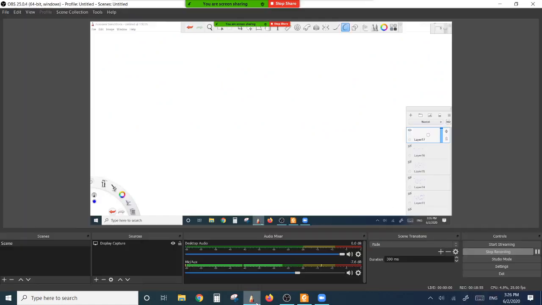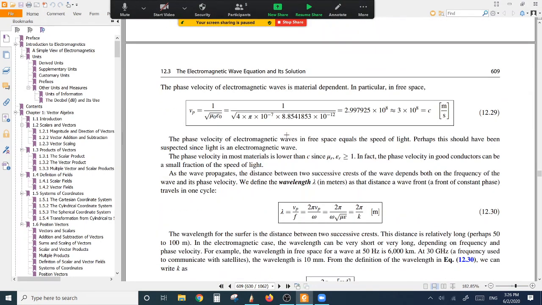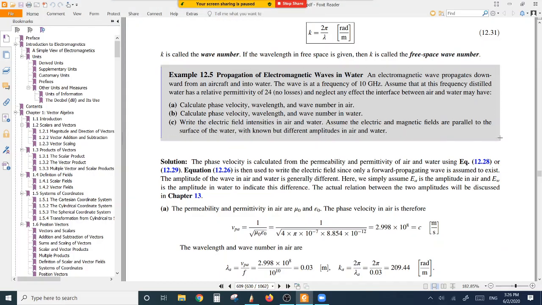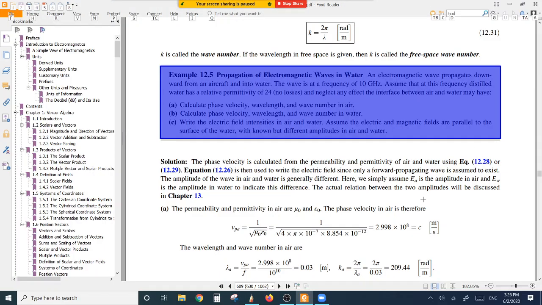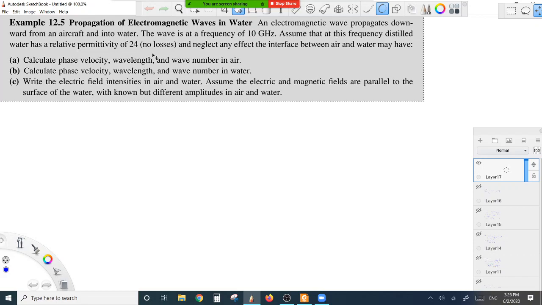So let's see one example: the propagation of electromagnetic waves in water. Let's read. An electromagnetic wave propagates downward from an aircraft into water.